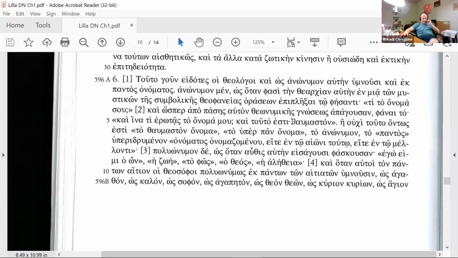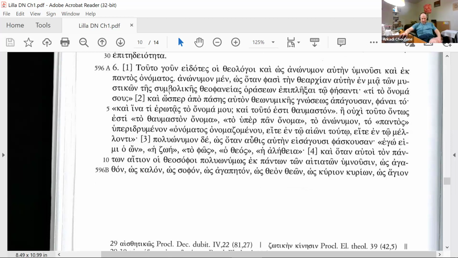Anyway, if you don't remember, we can double check later. But thank you for the reminder. So mystikon means having the visions of symbolic theophany, which have hidden meaning, right?